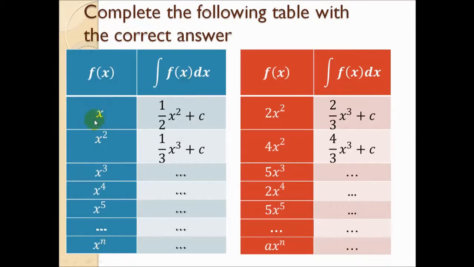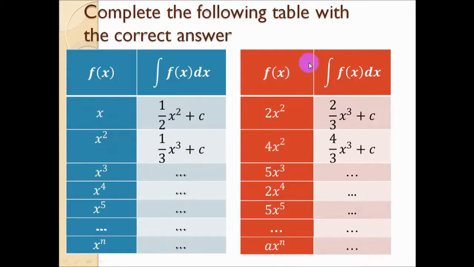Usually this correlates with the derivative. If we have 1 over 2 x squared and differentiate this function, we get x, because 2 over 2 x power 2 minus 1 is x. If we have 1 over 3 x power of 3, the derivative is x squared, and so on.